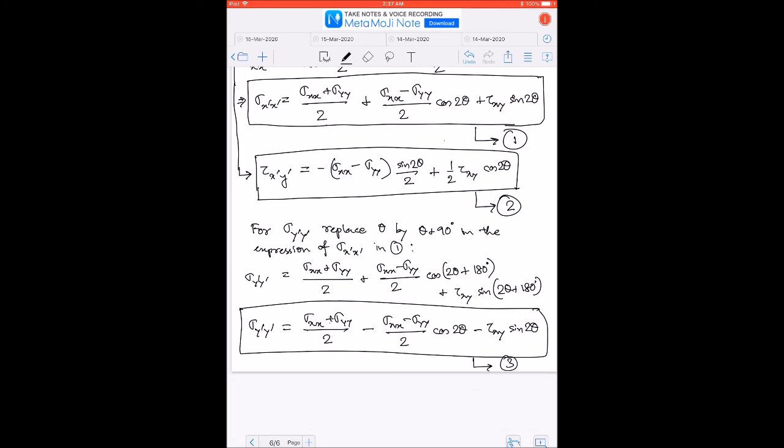So this will be numbered as equation 3. So these are our expressions for sigma x dash, sigma y dash, and tau x dash y dash. All right.